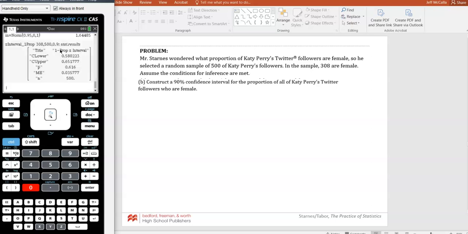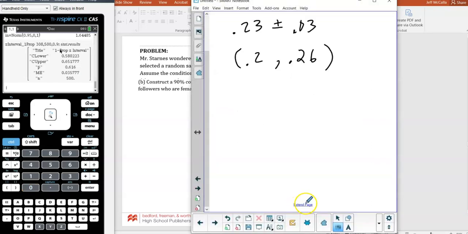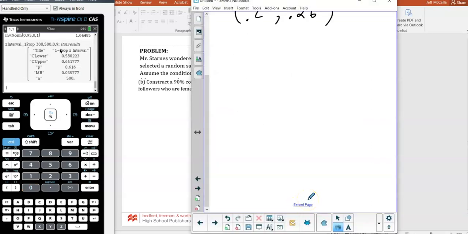So now we know, if we were showing work and we didn't show all the individual work, it'd be nice to show the individual work, but p hat would be 0.616 plus or minus the margin of error, which is 0.035 or 0.036. The z critical value, you can almost work backwards here.